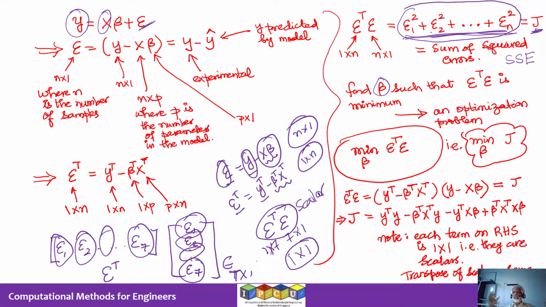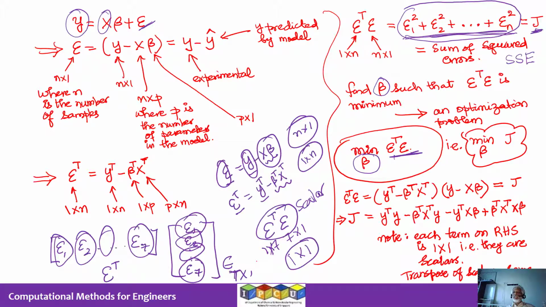Fortunately for this case, under these assumptions, we have an analytical solution. In shorthand, we might just write it as minimize epsilon transpose epsilon using betas as the decision variables. We are free to find the best values of beta such that this measure gets minimized.